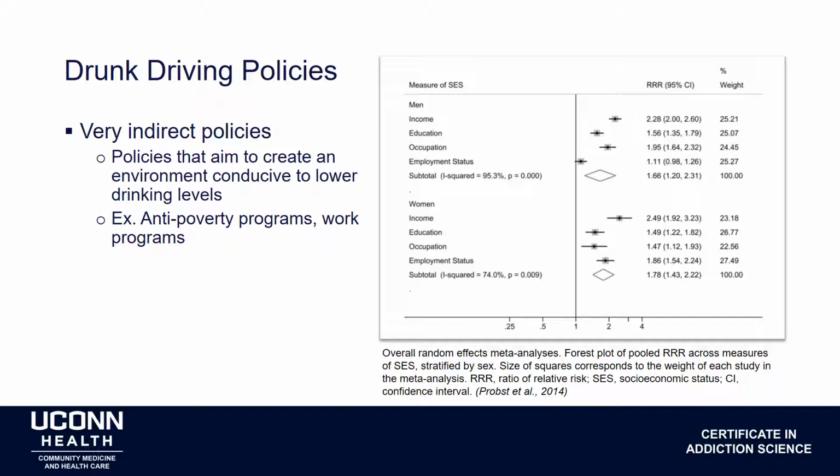These are things like anti-poverty programs, welfare programs, work programs, trying to bring people out of the lower socioeconomic statuses and into the middle and high income, high socioeconomic status groups. Ultimately, by putting these programs in place, we can reduce alcohol consumption. That's a downstream impact of these policies. And then decreased alcohol consumption will hopefully decrease drunk driving prevalence.